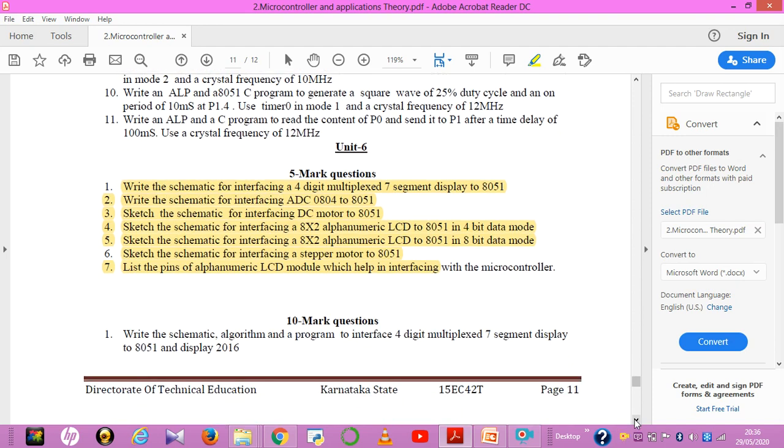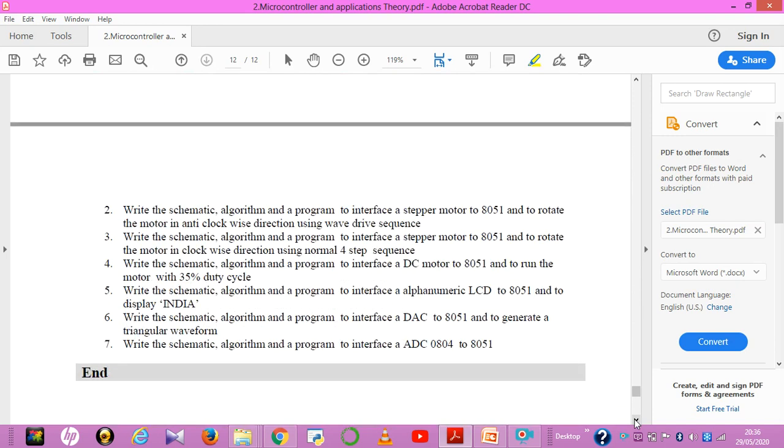For 10 marks they are going to ask the same questions with programs. See, here you can see: write a schematic, algorithm and a program to interface a stepper motor to 8051 and to rotate the motor in anti-clockwise direction using wave drive sequence.